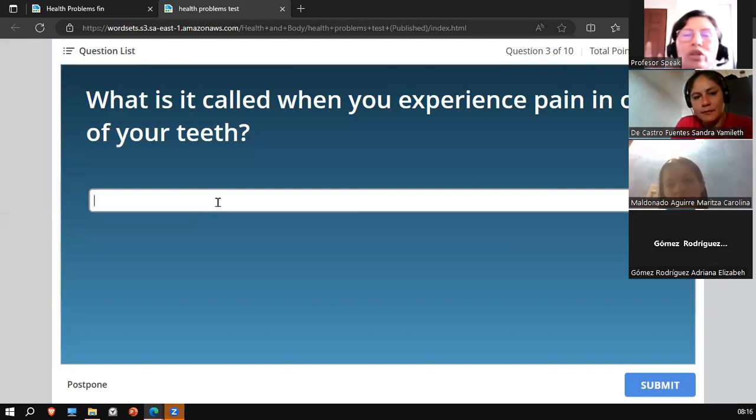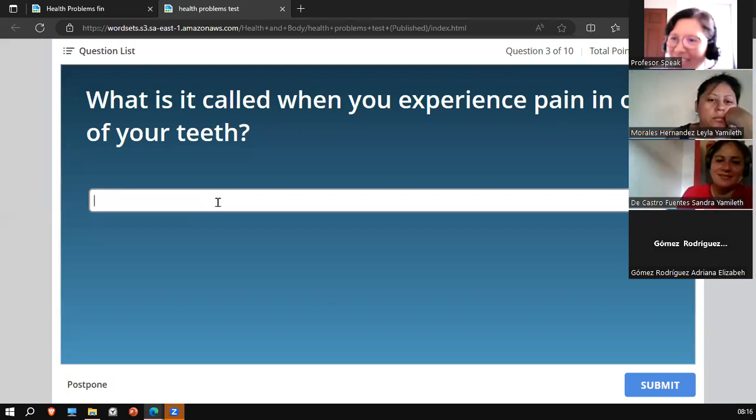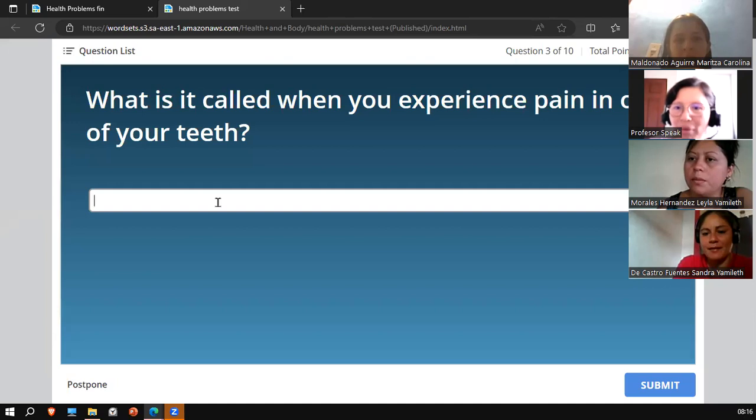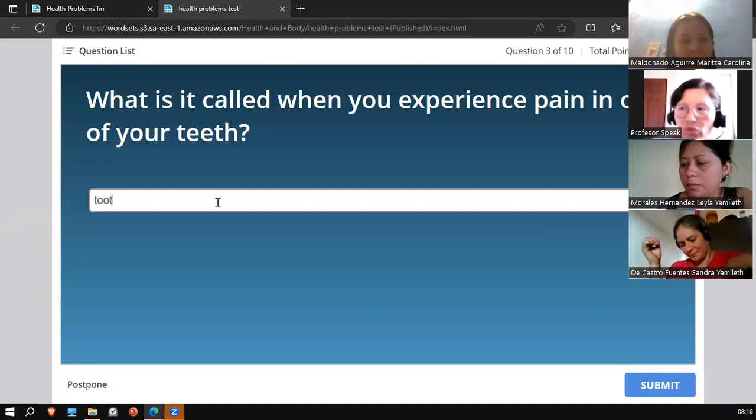De lo contrario, solo escucho que habla alguien y no sé quién es, ¿verdad? Entonces, vamos a ver, ¿quién me dijo eso? ¿No mano levantada?